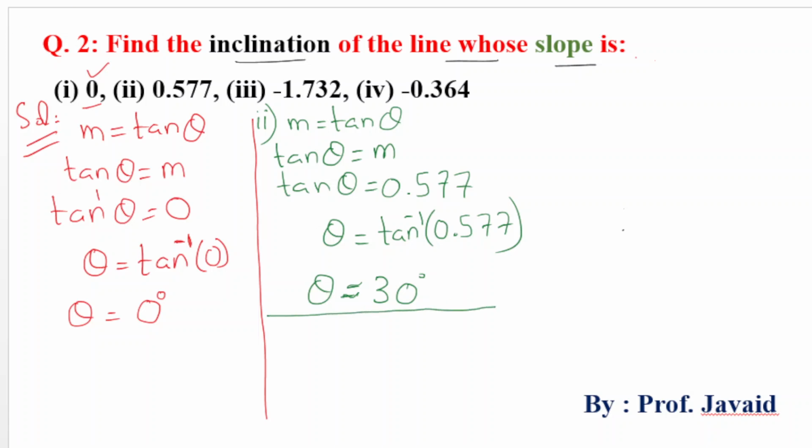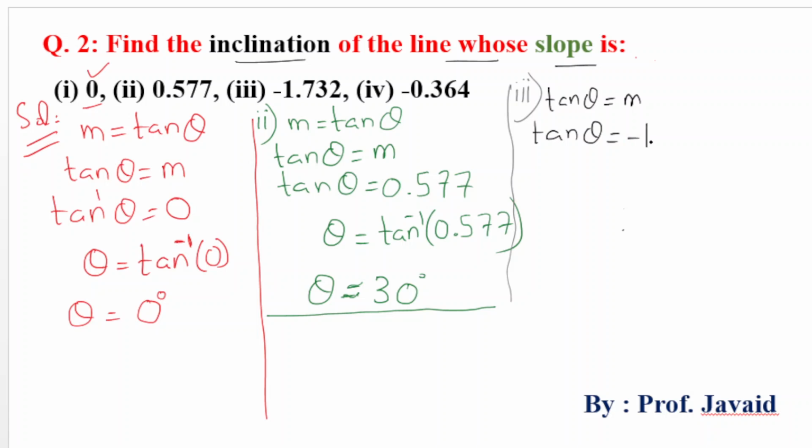Okay, so let's move toward the next part. I will solve here on the right side. Okay, the third part. Tan theta is equal to m. As the slope is given to us, what is given to us?